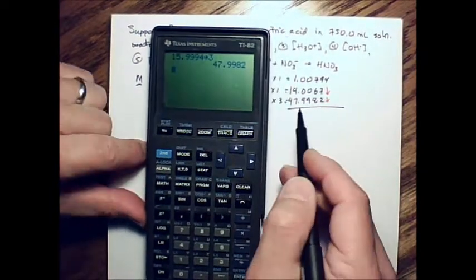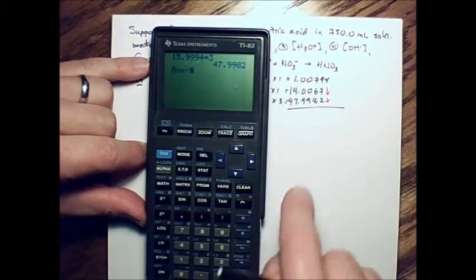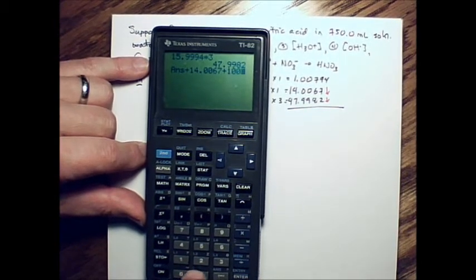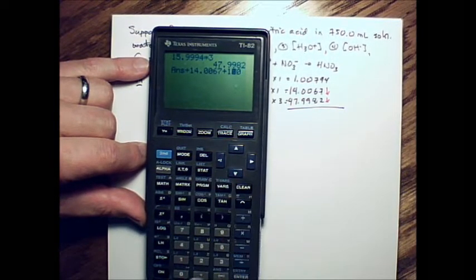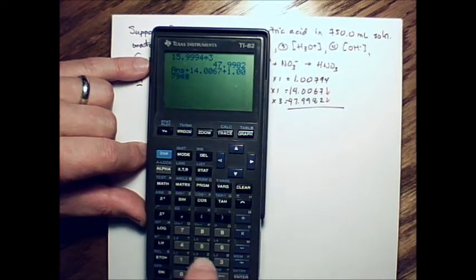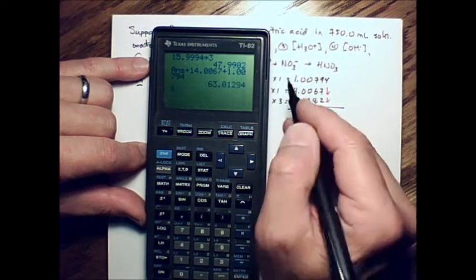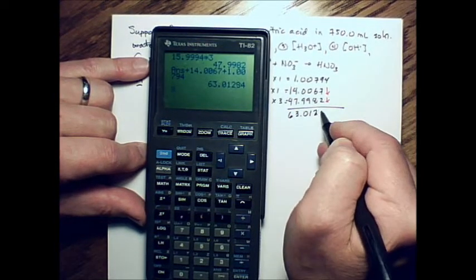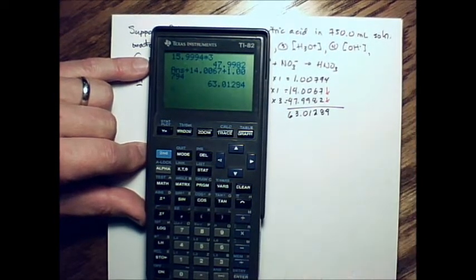47.9982 plus 14.0067 plus 1.00794, and we get 63.01284.